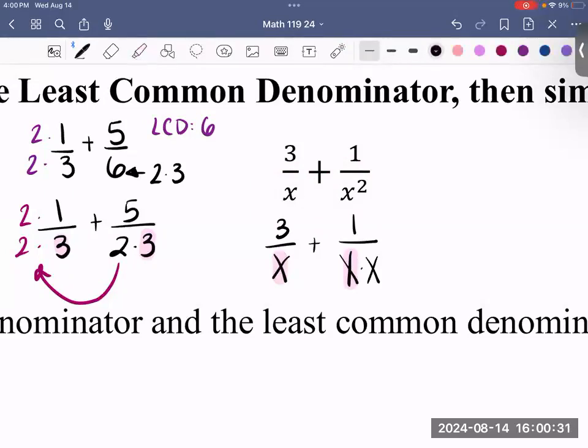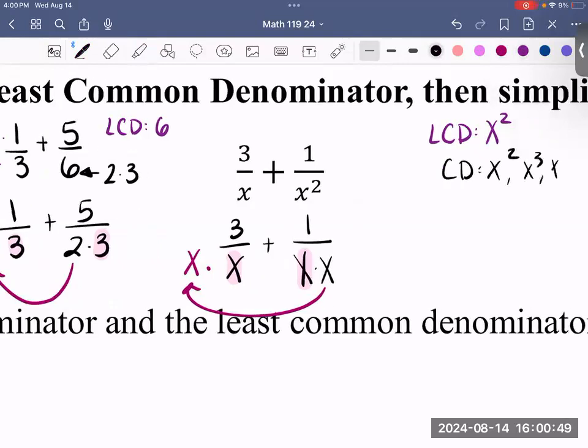We're missing just this one x to make the other one x squared. So your LCD here is x squared. Whereas your common denominator, you could have done x squared, x cubed, x to the fourth, x to the fifth. You could have kept tacking it on, but it's going to get really complicated really quickly.